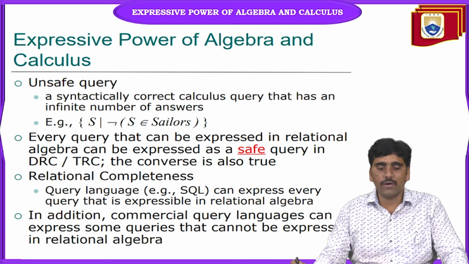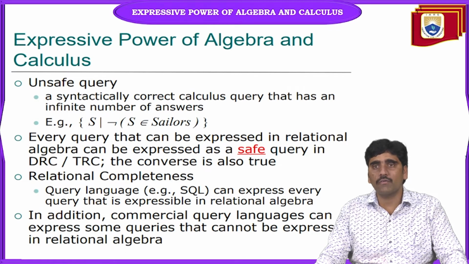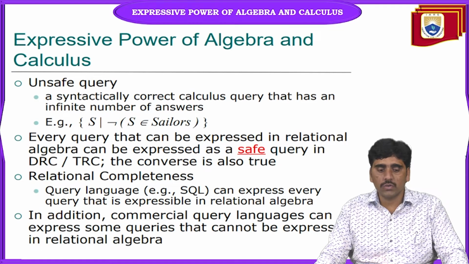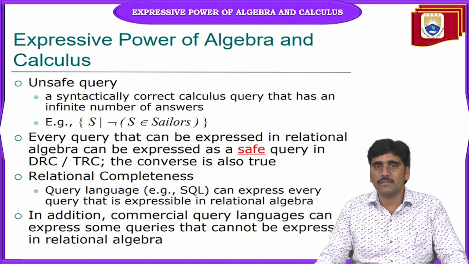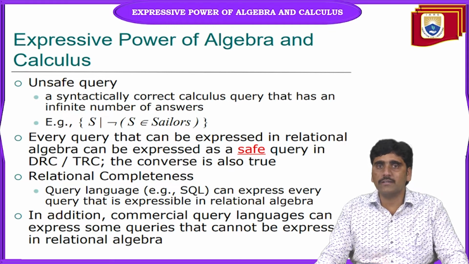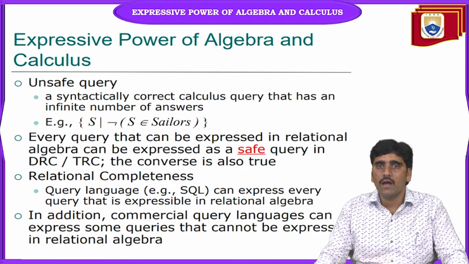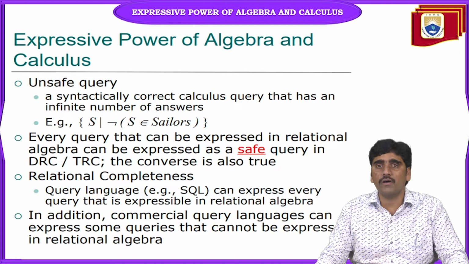So first of all, what is meant by expressive power of algebra and calculus? Expressive power is nothing but writing queries as unsafe queries. That means we are going to build a query which retrieves a finite number of solutions.